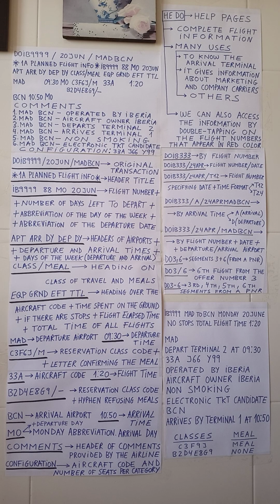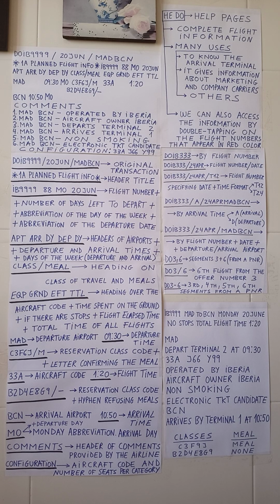Now I am going to explain the examples of some transactions that can be performed using the DO code. The first one is DOIB333.